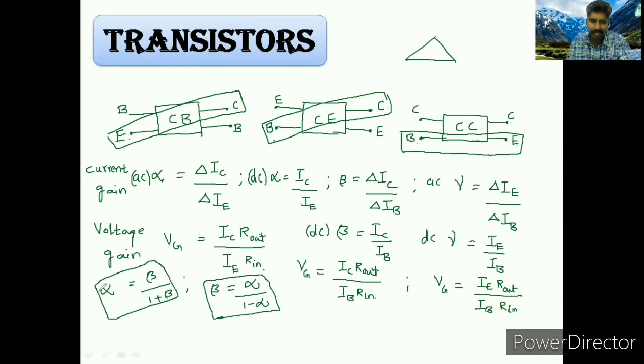It is a relation between alpha and beta. This is a trick based on these formulas. So we will see the problems. In 2017 mains online test, they asked a transistor question, so we will see.